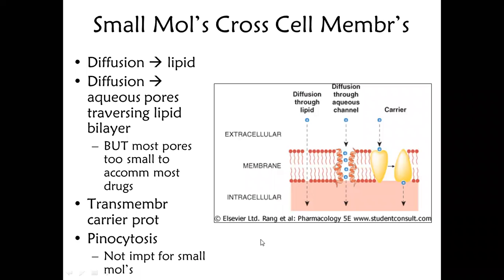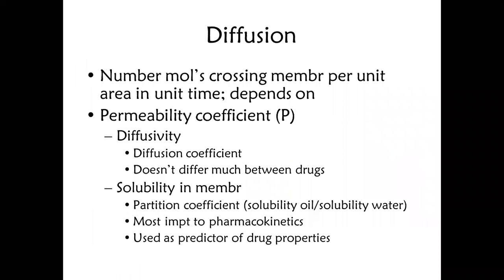Then next is pinocytosis, another way by which the drug gets transported. So here the diffusion, which is the number of molecules crossing the membrane per unit area, depends on the permeability coefficient. What is the permeability coefficient?